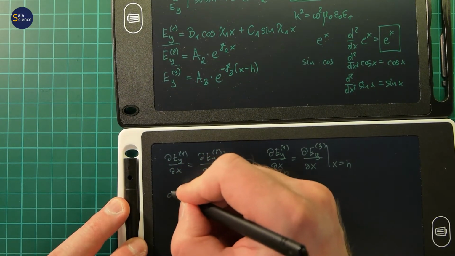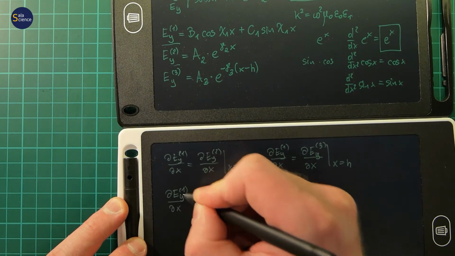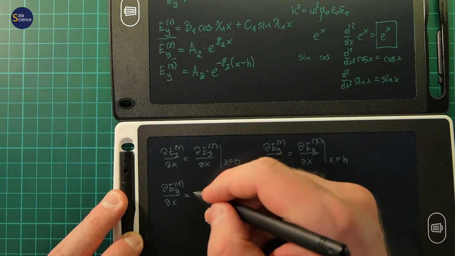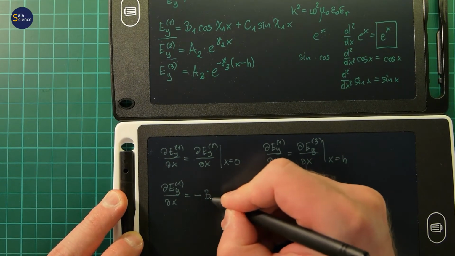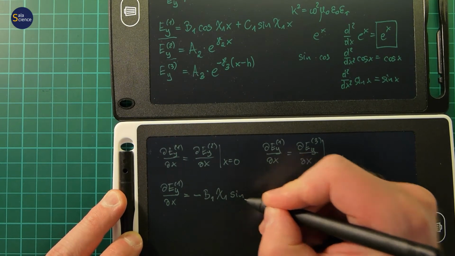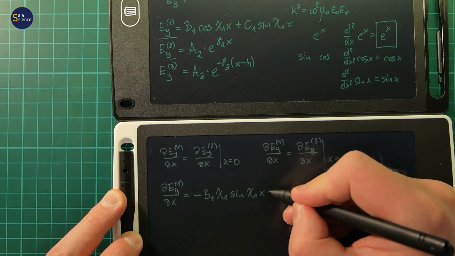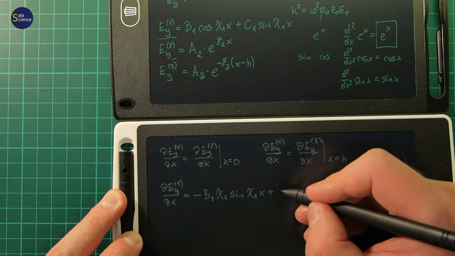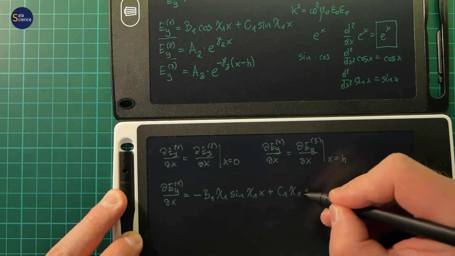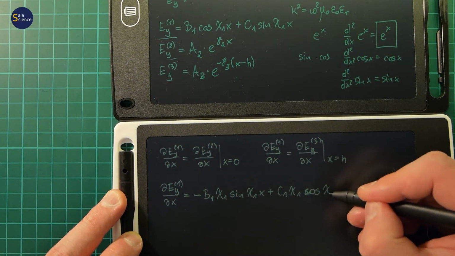So let's calculate these derivatives. In the first region, we have a first derivative of cosine, which is minus sine, so we have minus b1 chi1 sine chi1 x plus c1 chi1 cosine chi1 x.